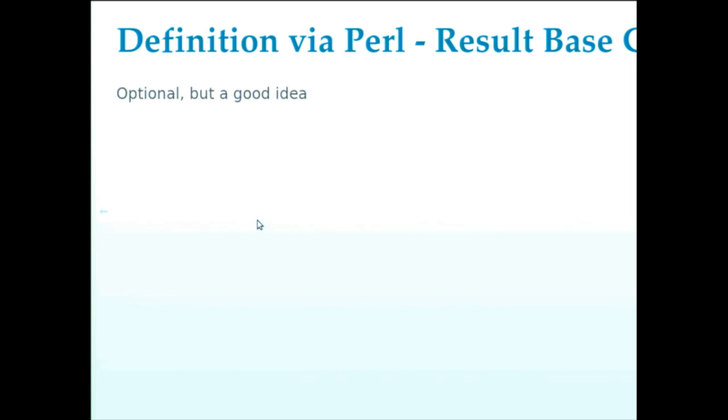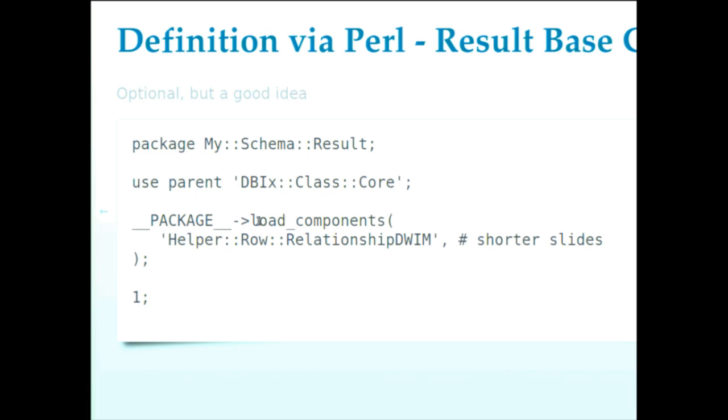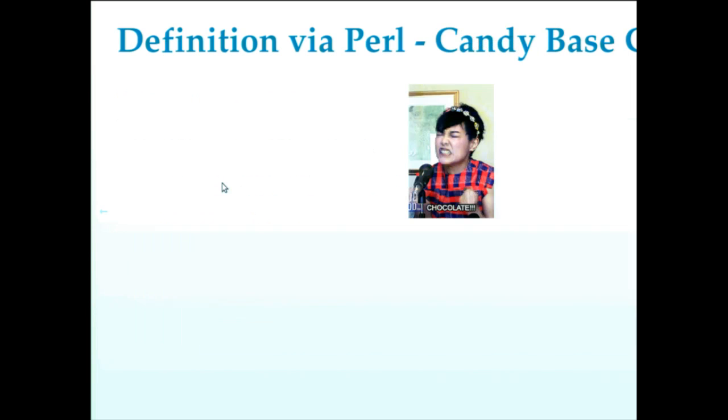And when you have a base class, that's trivial. It's one override. So this is what I used for the slides, basically. You define your package. You set a base class of DBIx::Class::Core, which gives you all the various methods on your results. And then I added this component called RelationshipDWIM. And what that does is, well, I'll point it out when we get to it.